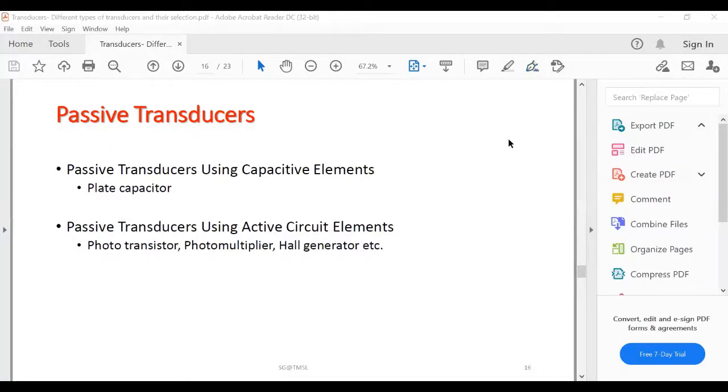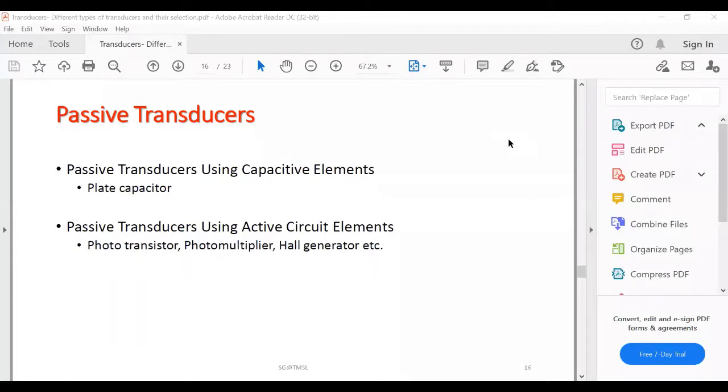The last is the passive transducer using active circuit elements. This distinction between active and passive can be used when the circuit elements are based on a different principle than that which is used for transducers.